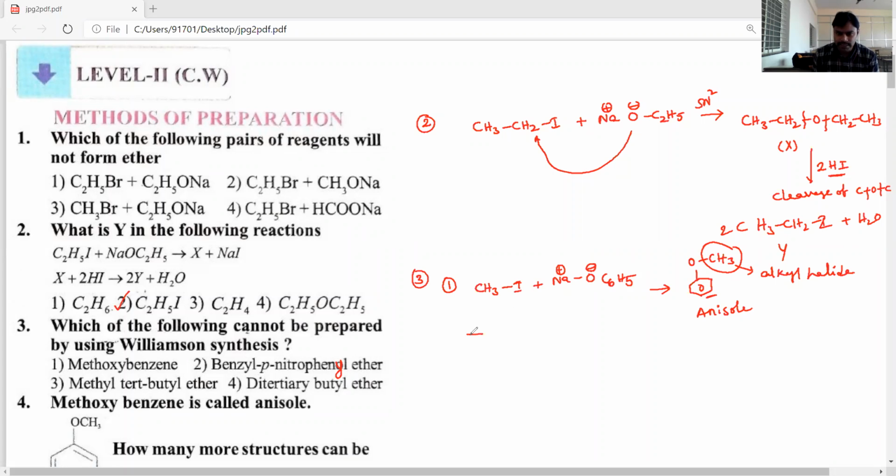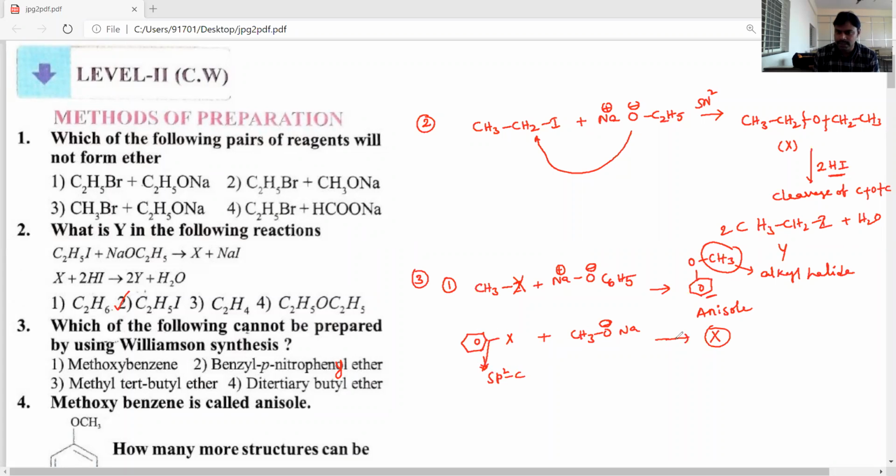Otherwise, if you arrange it the other way, with a halobenzene, either chlorobenzene or bromobenzene, reacting with sodium methoxide, CH3ONa, there is no reaction, because the halogen is attached to an sp2 carbon.